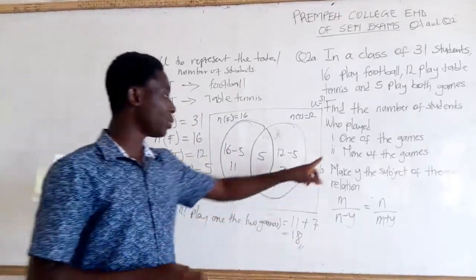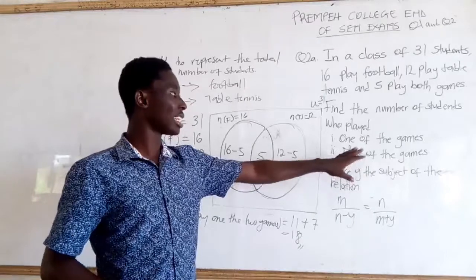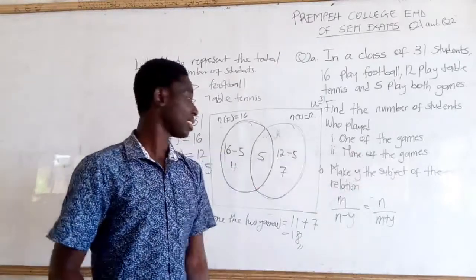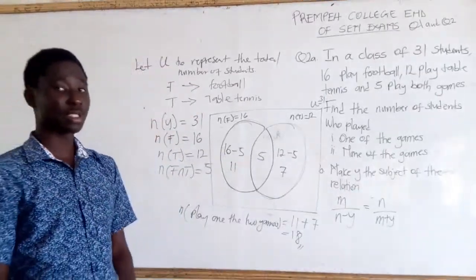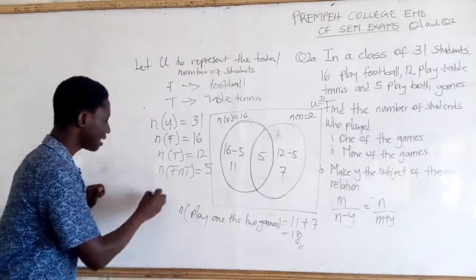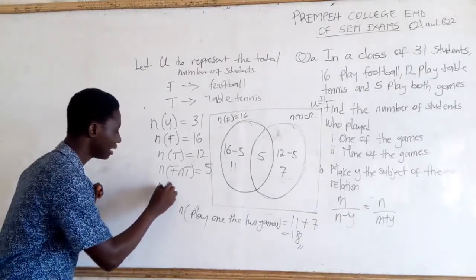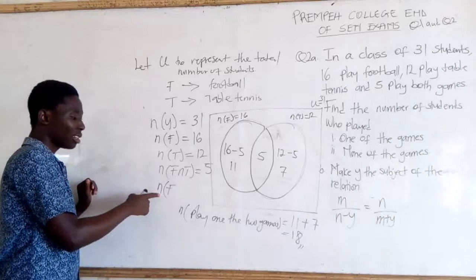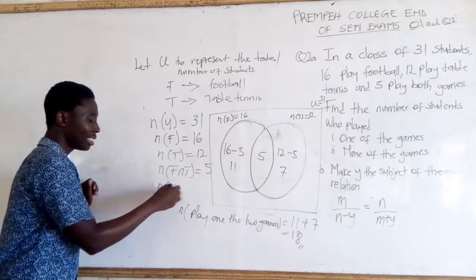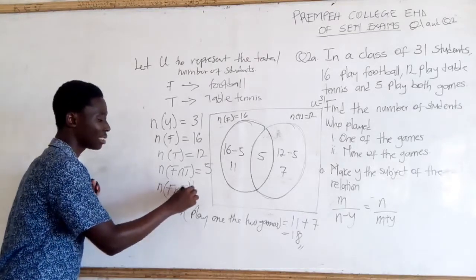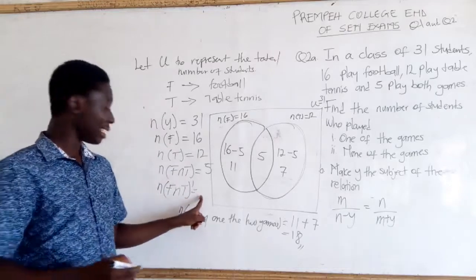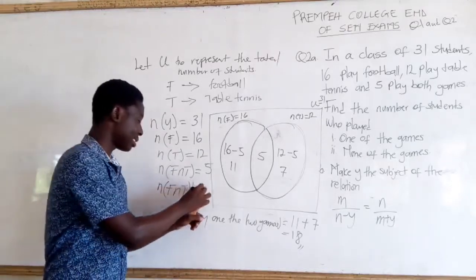And (ii) is saying we have to find the students that played none of the games. When we talk about none of the games, we are just talking about the complement, that is the number of F union T complement. This one we don't know, so let's let that one be equal to x.